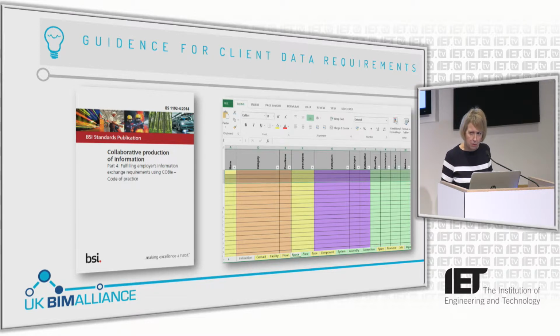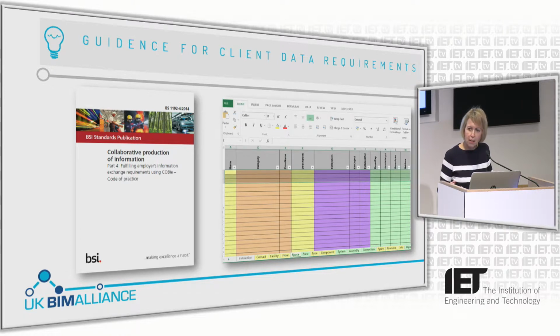And what that BS does is it takes the reader through thinking about considerations when requesting data, and also starting to touch upon some of the commercial aspects that need consideration as well.